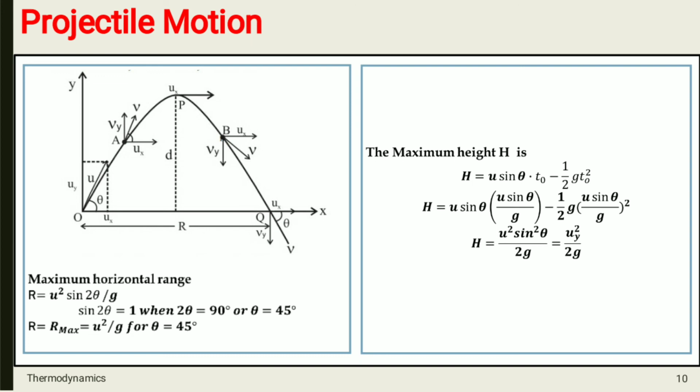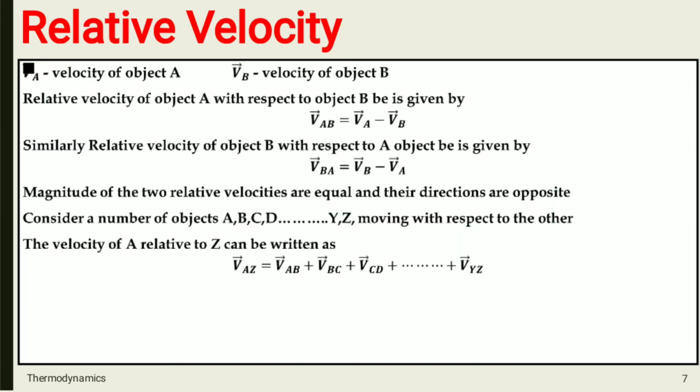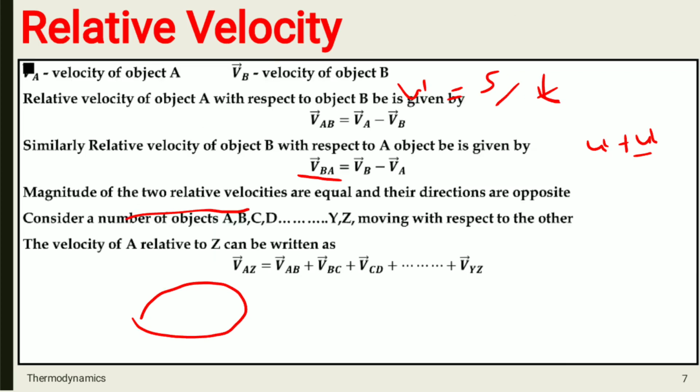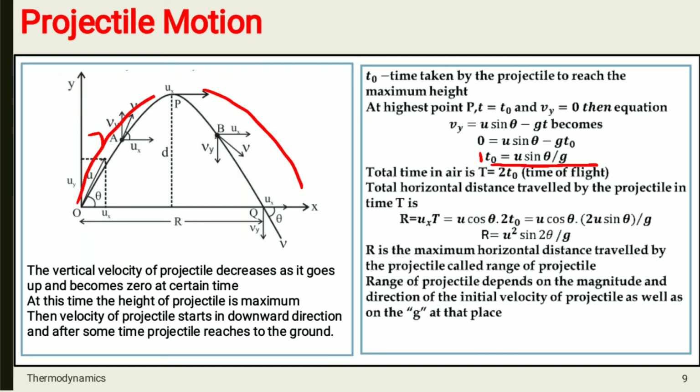So up to this point we have studied what is meant by motion in two dimensions. First we studied average acceleration and instantaneous acceleration, equations of motion, then relative velocity, then projectile motion, in that the vertical component of velocity of the projectile, then displacement of the projectile, the angle alpha, that is the angle between the direction of motion of the projectile and the horizontal.